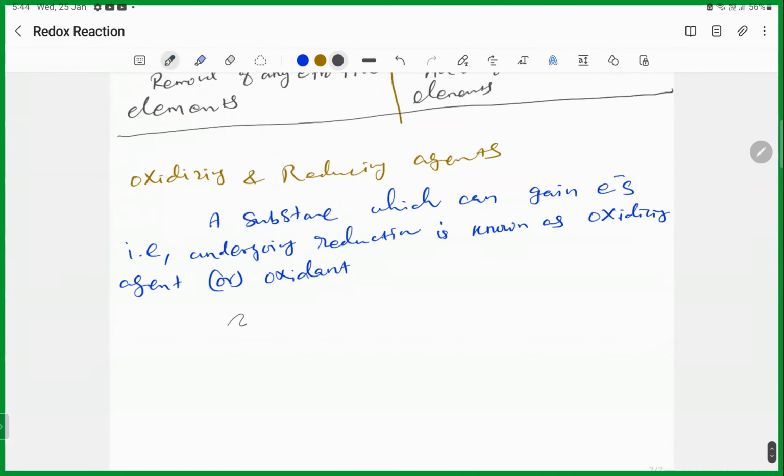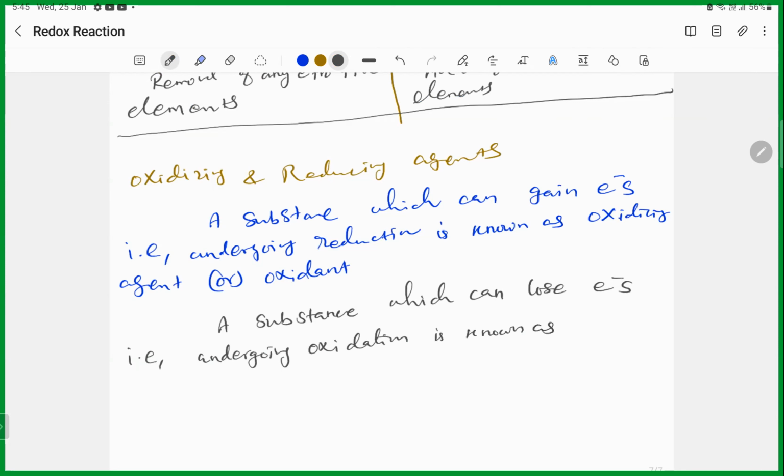Okay, a substance which can lose electrons, that is, undergoing oxidation, is known as a reducing agent or reductant.